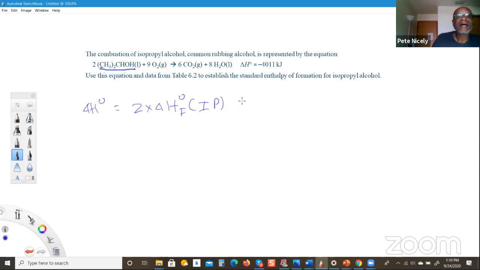Plus 9 times the enthalpy of formation of O2. Actually, I just realized I made another mistake. It should be products minus reactants. So I should have started off with the products first. So let me erase all of this here and restart.